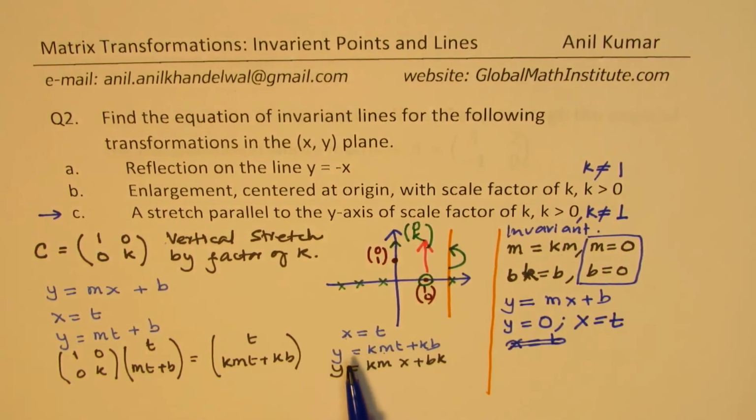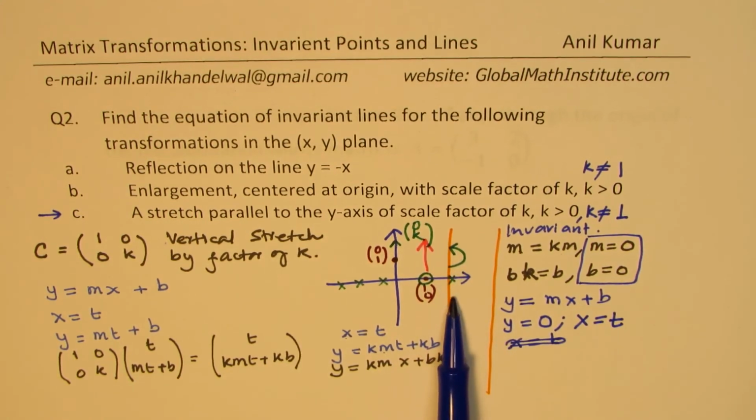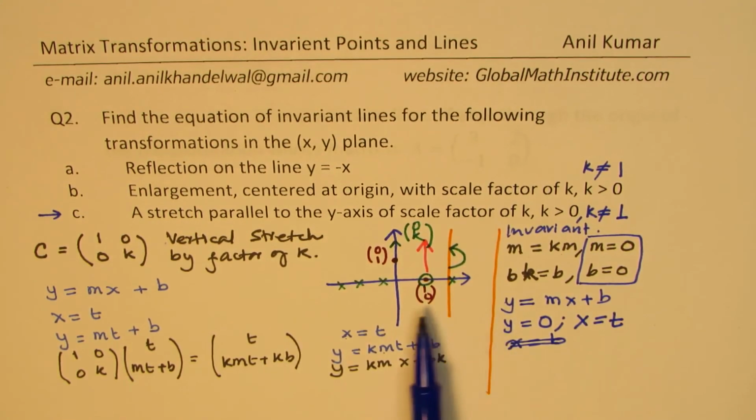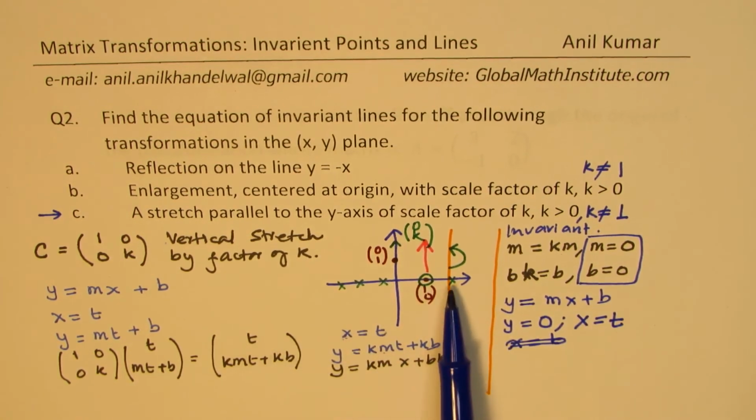You cannot normally use the line y equals mx plus b for vertical lines since they have undefined slope, right? But when all these are zeros, let's consider x equals t as a condition. Any vertical line, the points will be reflected on the line itself.